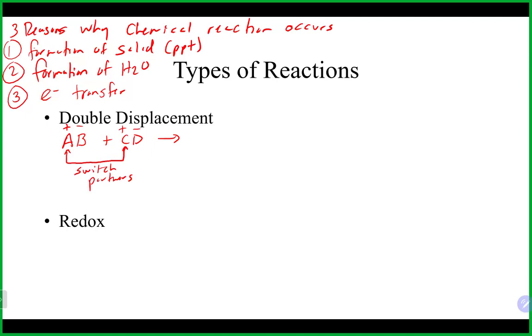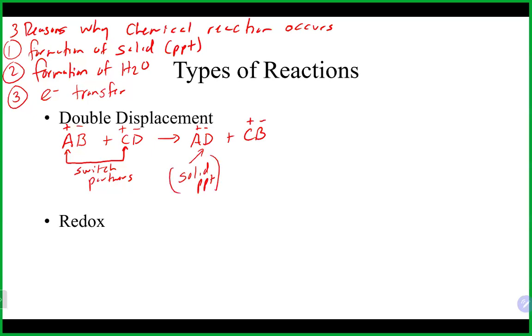And what that does is on the right-hand side here, it will make two new ionic compounds on the product side. And that is always what will occur when you see those two ionic compounds. We're going to just get the two positive guys switching to the other side. Now, what does double displacement take care of in terms of the reasons why a reaction takes place? When you have a double displacement reaction, much like we did yesterday, one of these guys could make a solid or a precipitate.